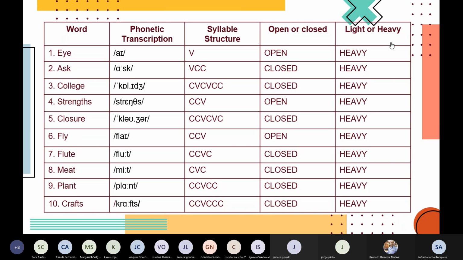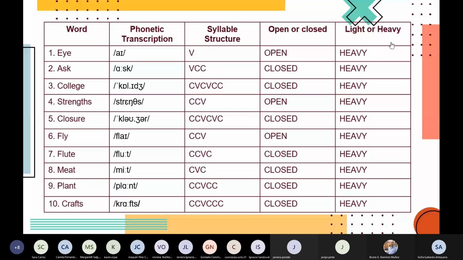Now, we're talking about a heavy syllable whenever we have a branching onset or a branching coda. That is, whenever the onset is composed of two or more consonant sounds, and the same thing with the coda. Whenever you have two or more consonant sounds in the coda, we're talking about a heavy syllable. The other case in which we're talking about a heavy syllable is when the nucleus of the syllable is a long vowel sound or a diphthong.